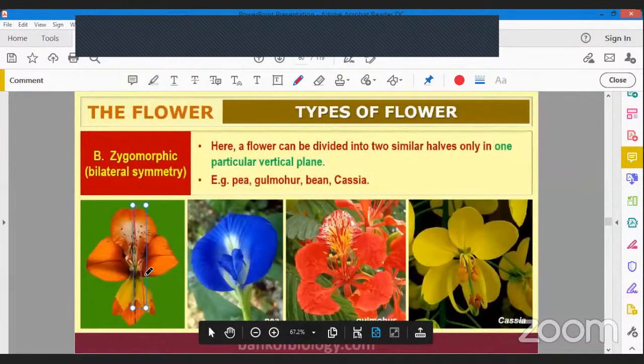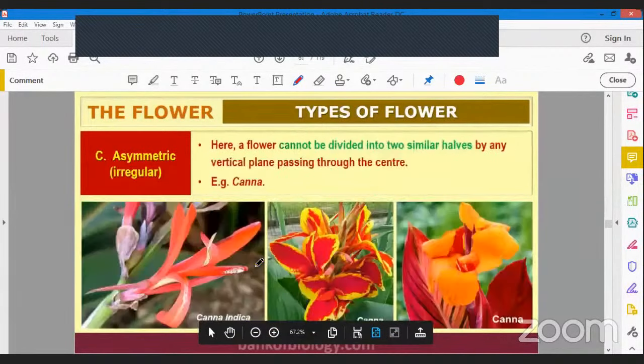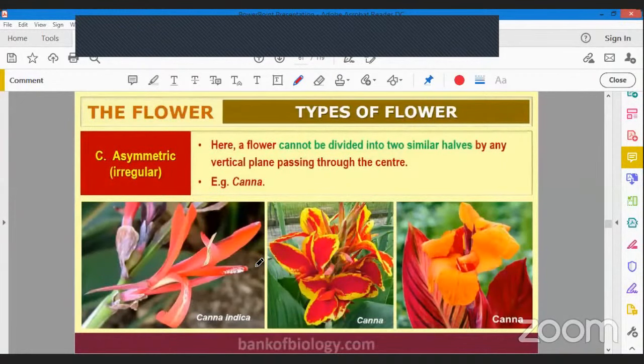Can you see here? Take it down. Only two equal halves. Then the last one, asymmetrical flower. If the flower is cut, you never get two equal halves. You can never get two equal halves.